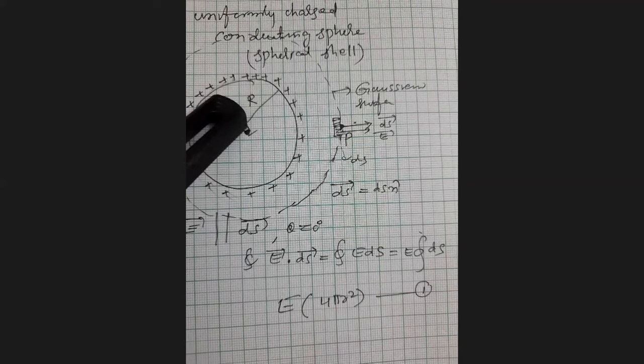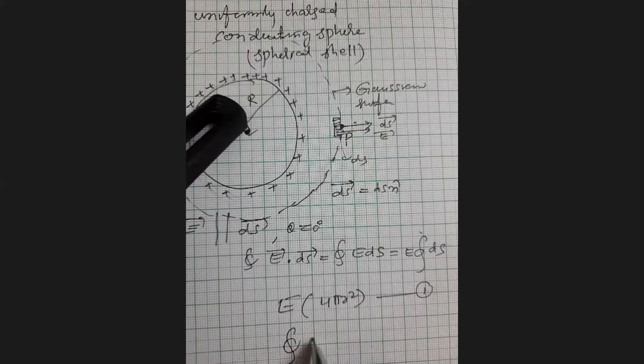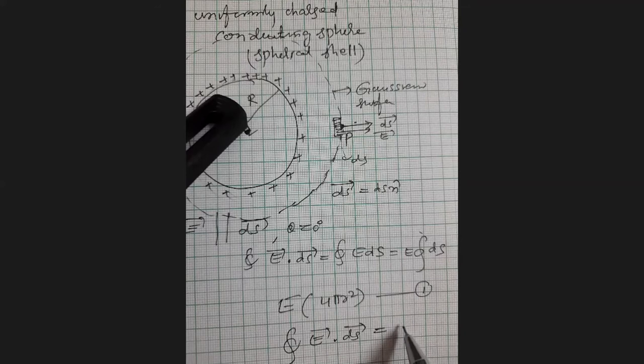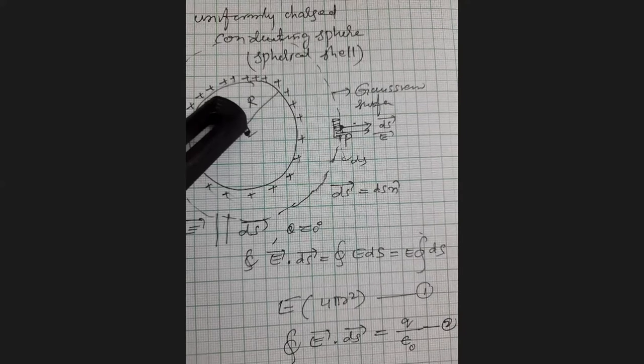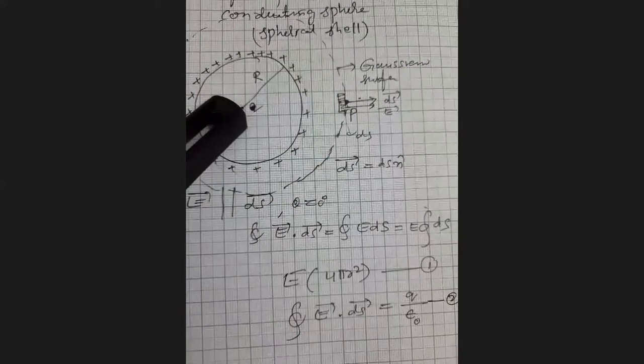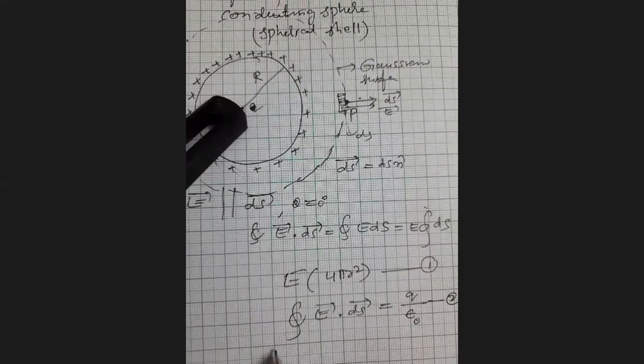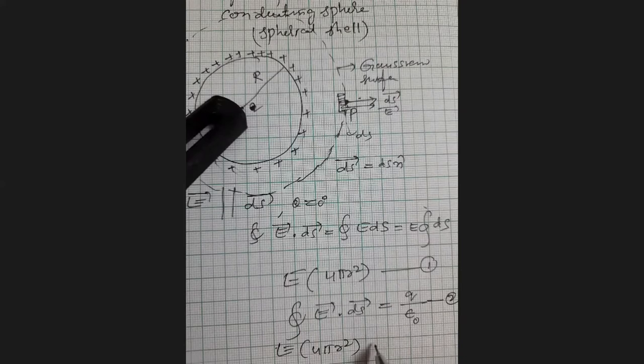But according to Gauss law, closed integral E bar dot ds bar is equal to the net charge enclosed by the surface, Q divided by epsilon naught, equation 2. Equating equations 1 and 2, we can write E into 4 pi r square is equal to Q by epsilon naught.